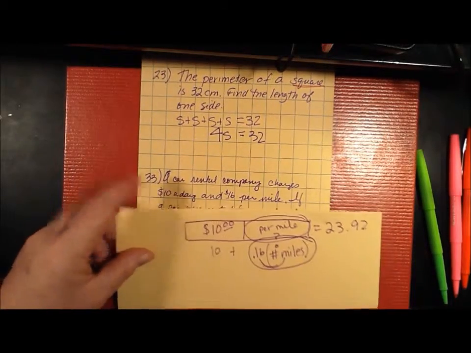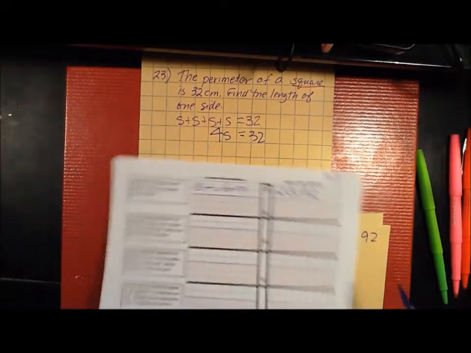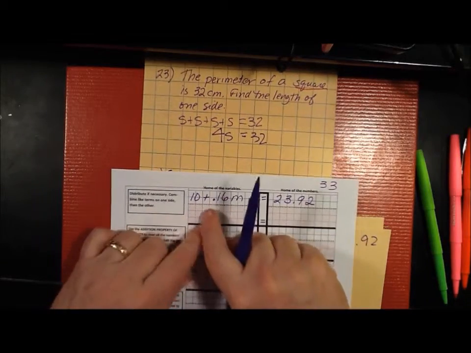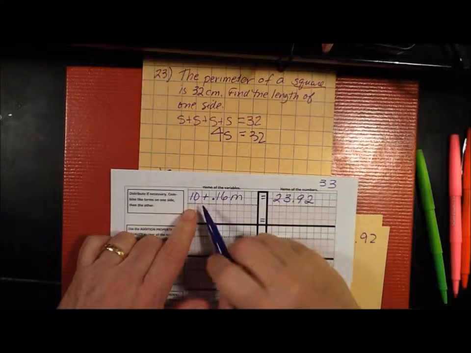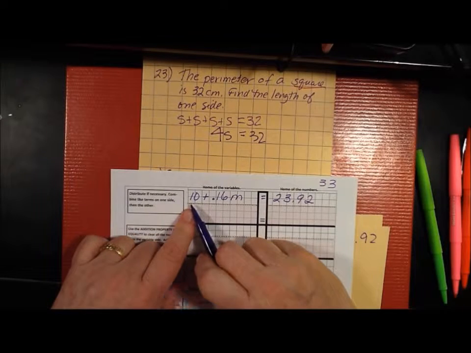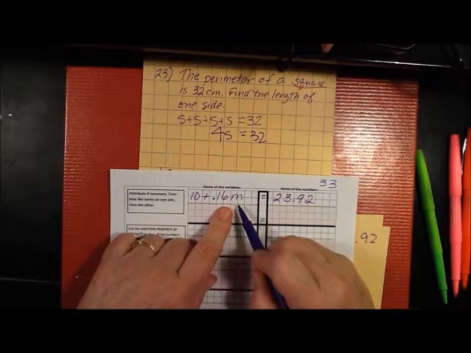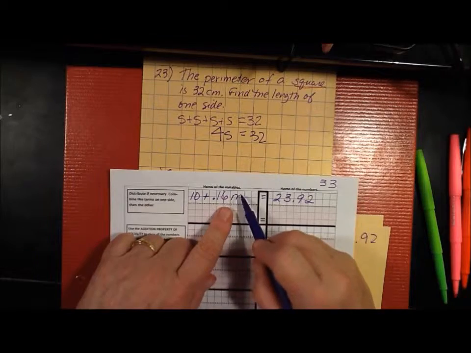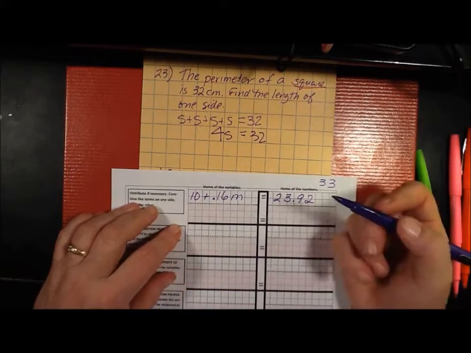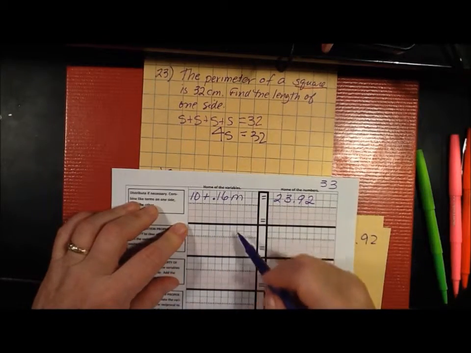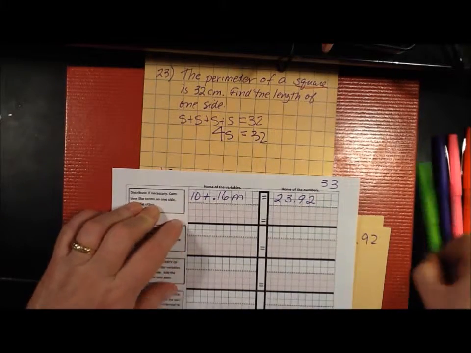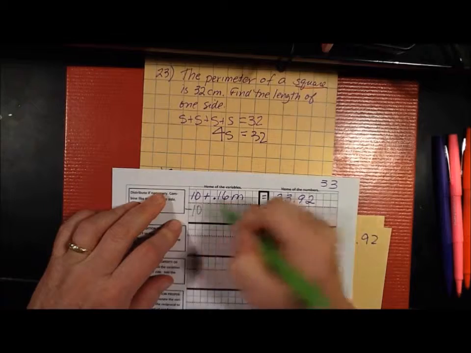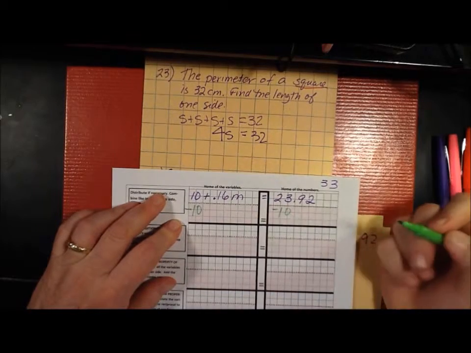All right, so let's see how this would look algebraically. Here's my equation. There's my total. Here's my $10 a day. And here's my unknown number of miles times the rate. So again, I have a variable on this side, number on that side, so all I have to do is get rid of this. So minus 10, minus 10.